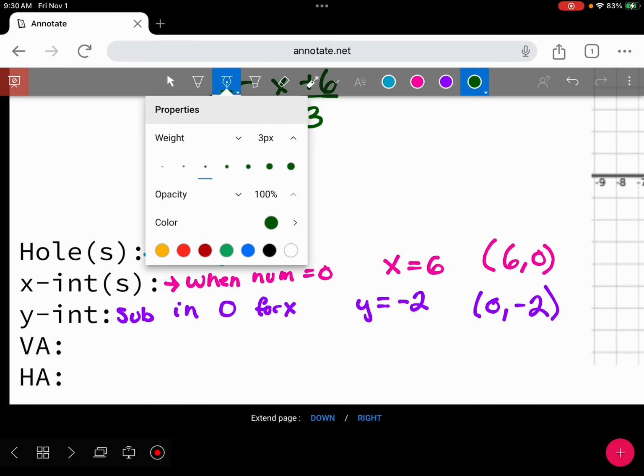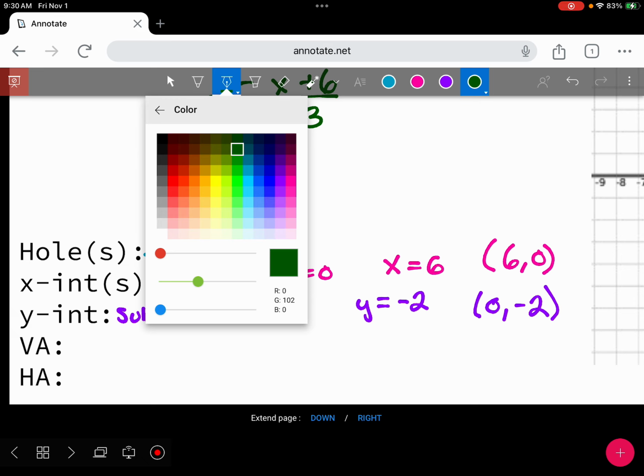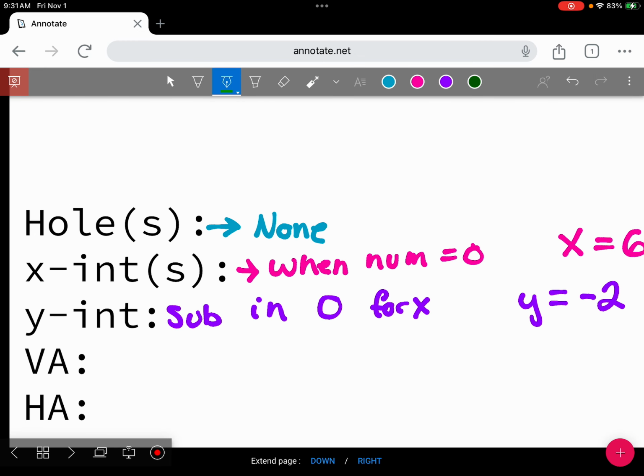Our vertical asymptote, where do we get that? How did we find that? It's when the denominator equals 0.